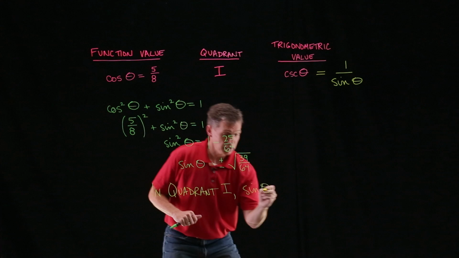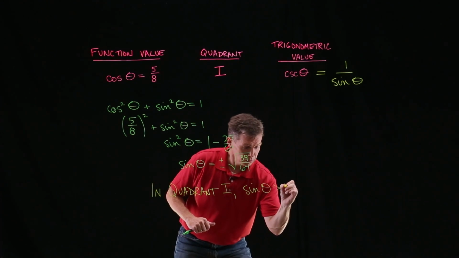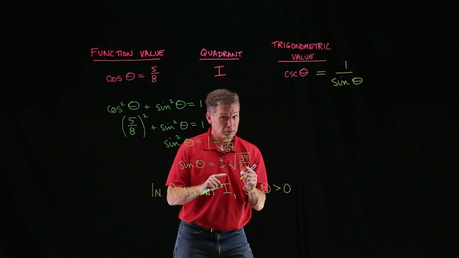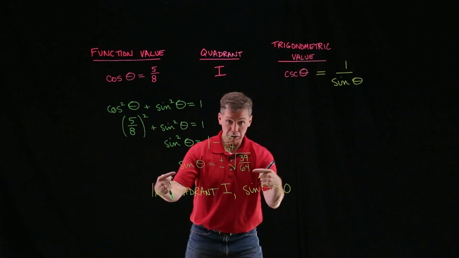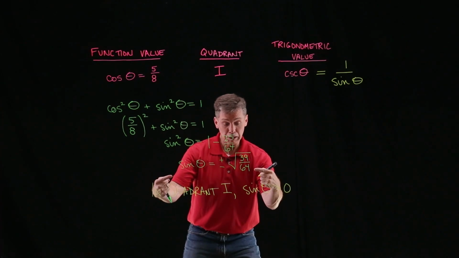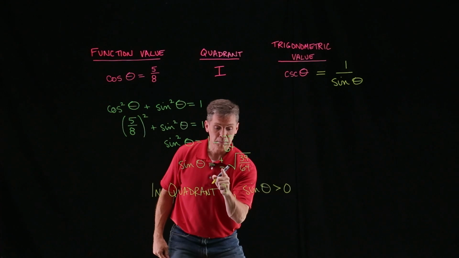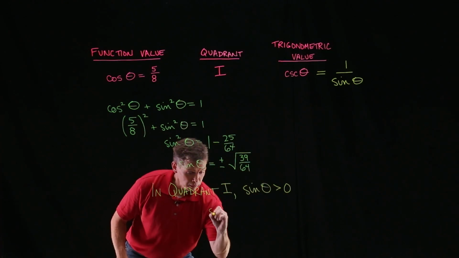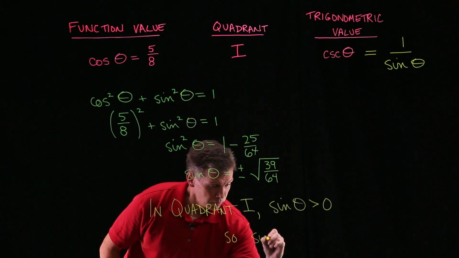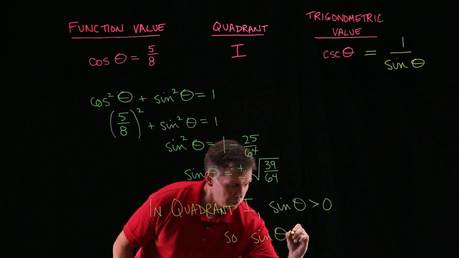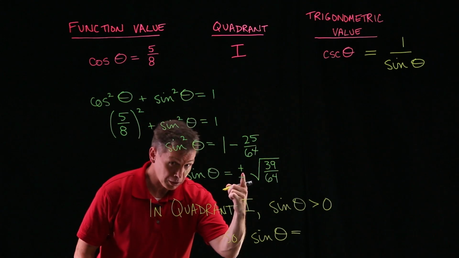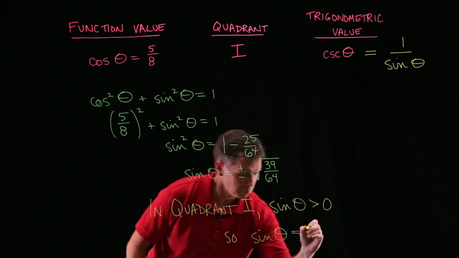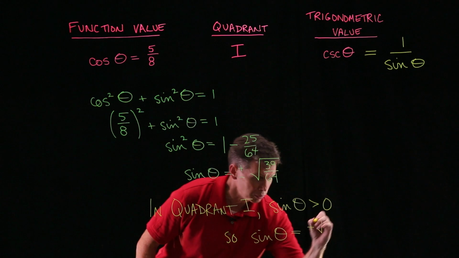You know that the sine of theta is positive, greater than 0. So what that tells me is this algebra that we did, and we did correctly, I can actually trim off that minus. It's not plus or minus anymore for me in quadrant 1. Sine of theta in this problem is just the positive version of this, so plus the square root.